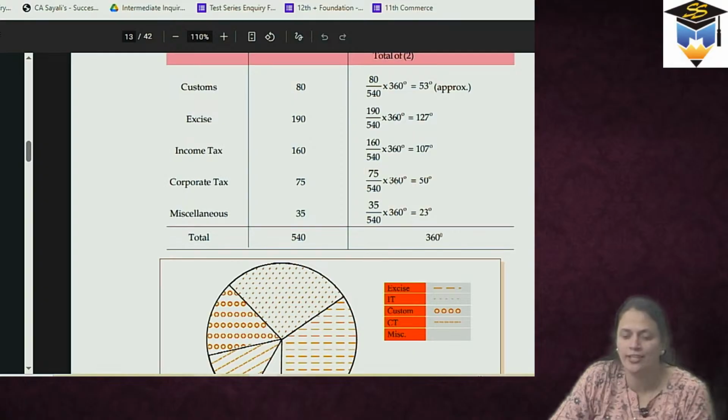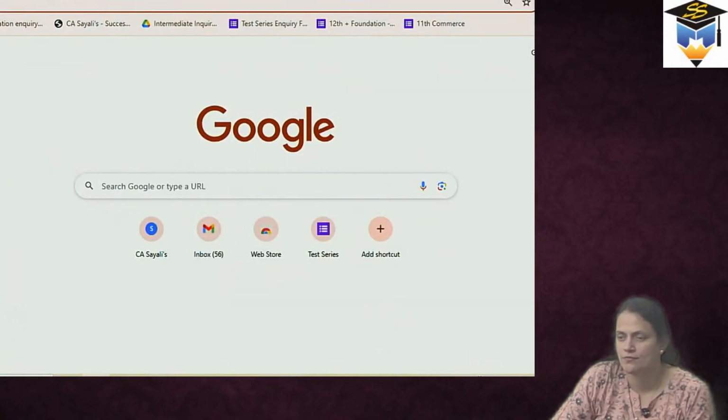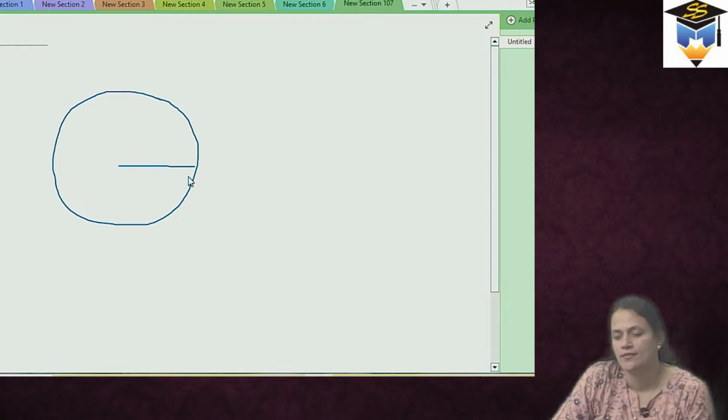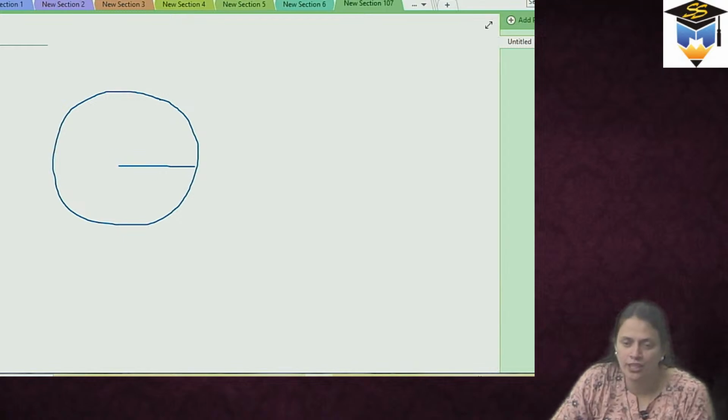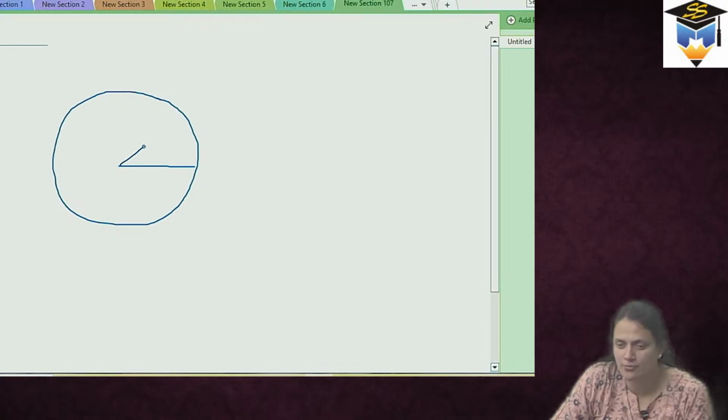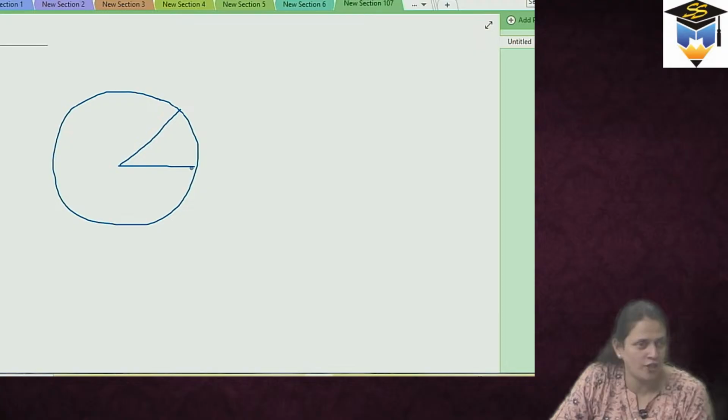Customs is at 53 degrees. Okay, so now here you will draw 53 degrees. Let's say I don't have a protractor, but you will have to draw it correctly. Let's suppose this is 53 degrees. Okay, so in this way. So now this was our baseline for customs.